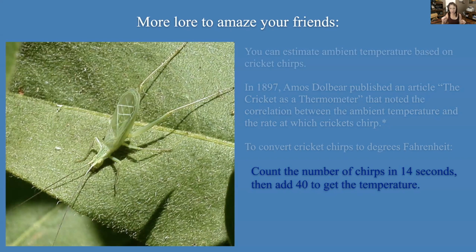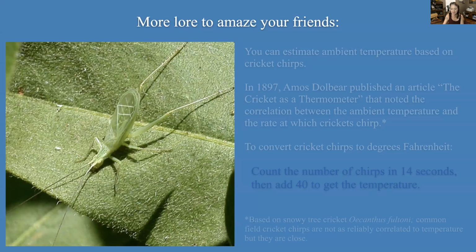You count the number of chirps in 14 seconds and then add 40 to get the ambient temperature. Now, this is based on the snowy tree cricket. Field crickets are not as reliably correlated to temperature, but let's try it.